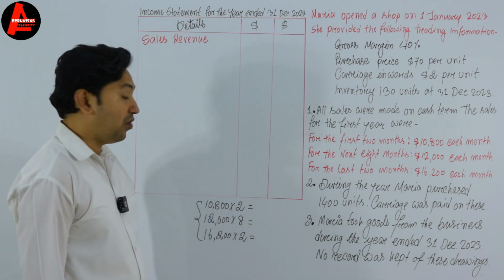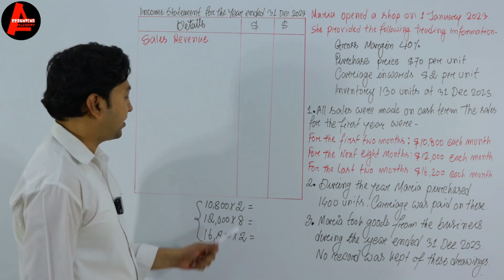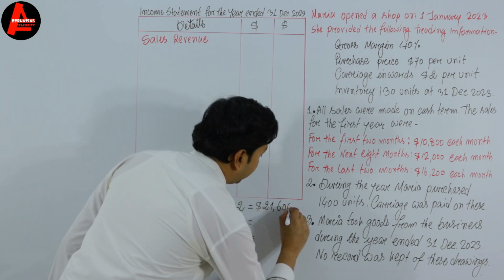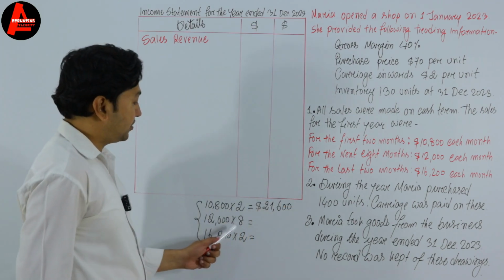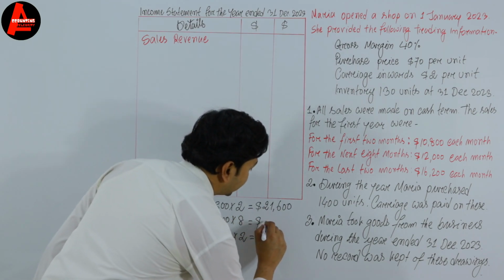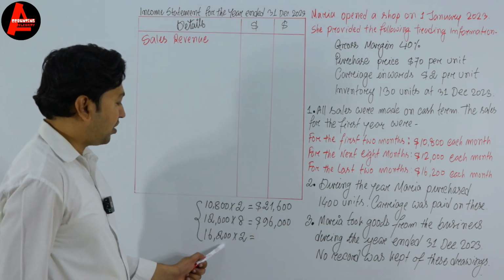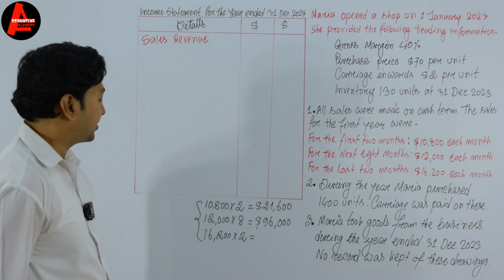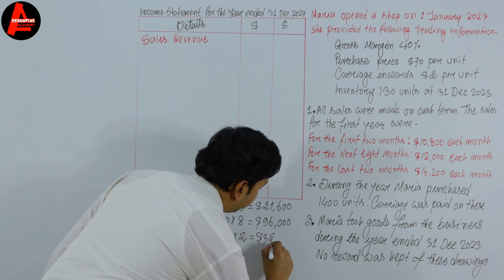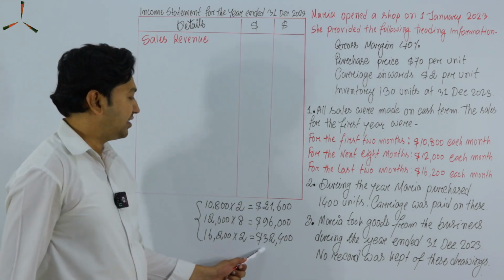Now we will calculate. $10,800 times 2 equals $21,600. $12,000 times 8 gives $96,000. And $16,200 times 2, the last 2 months of sales, gives $32,400. This is the one year of sales.